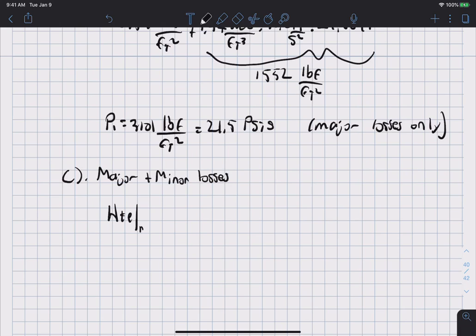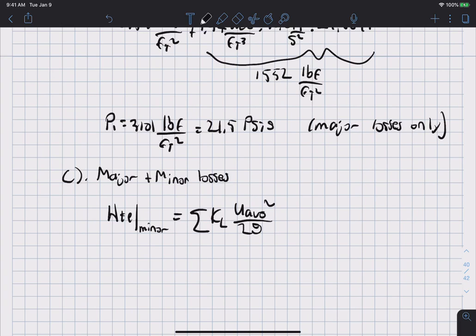So the minor head losses equal the sum of the loss coefficient for every single component times the average velocity squared over 2g. So now I'll do yet another little cartoony diagram.